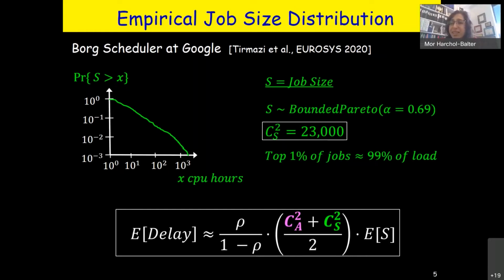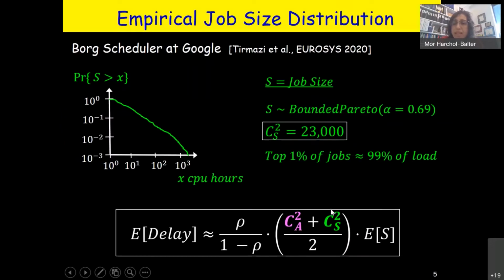There's still a limited amount of time, but there's many orders of magnitude difference between small jobs and big jobs in these distributions. So you can go look at the paper for more details. In any case, the thing that I want to point out is when you have this very high squared coefficient of variation over here, you're going to have high delay, and then you're going to have to figure out what to do about it.